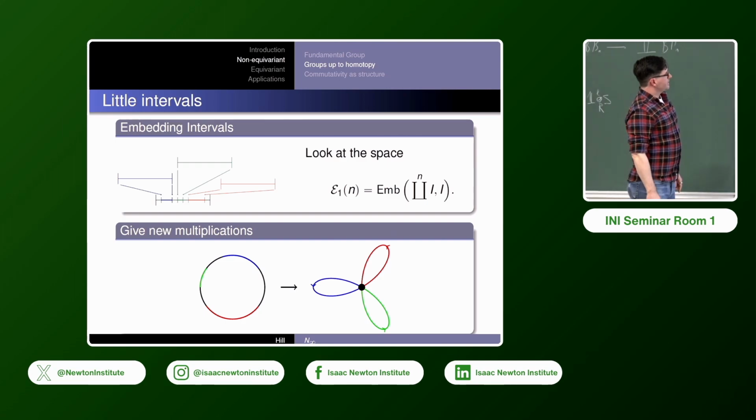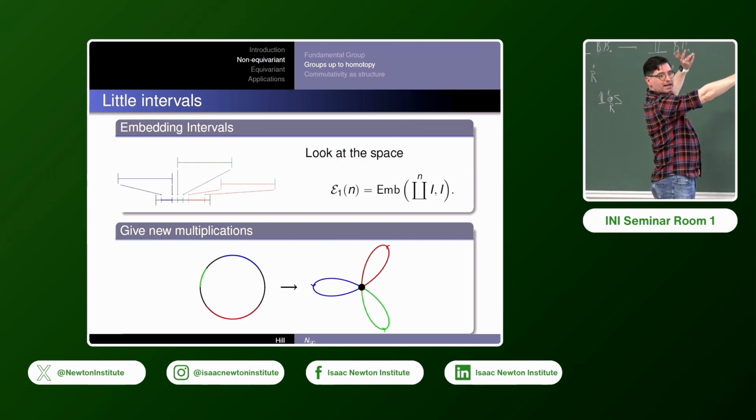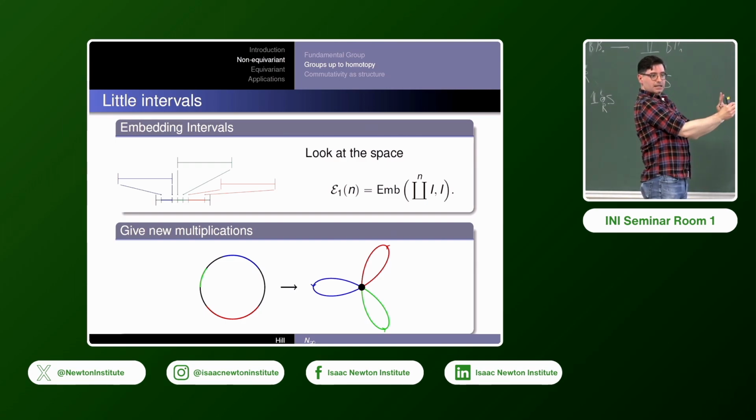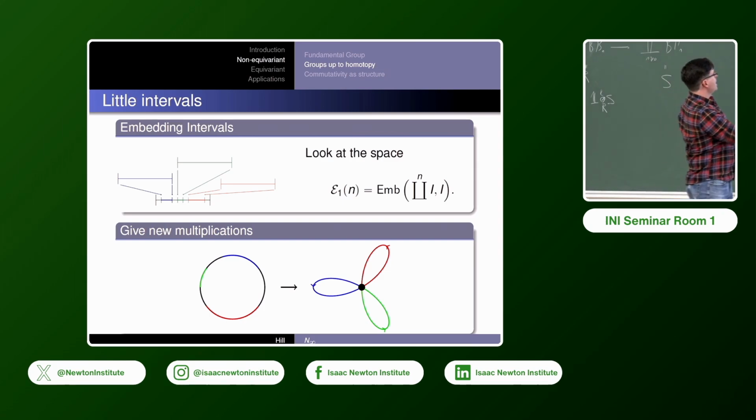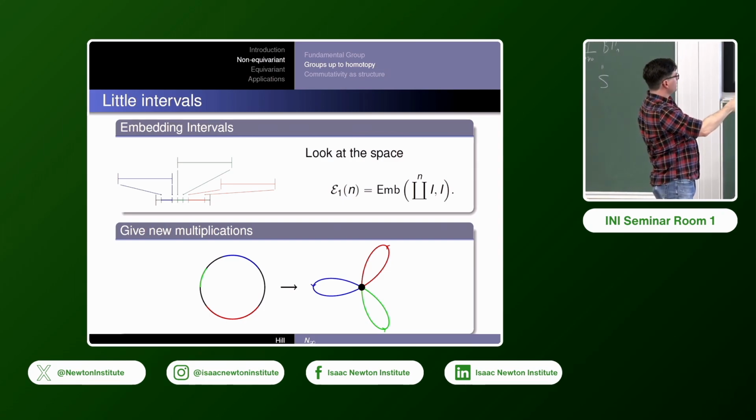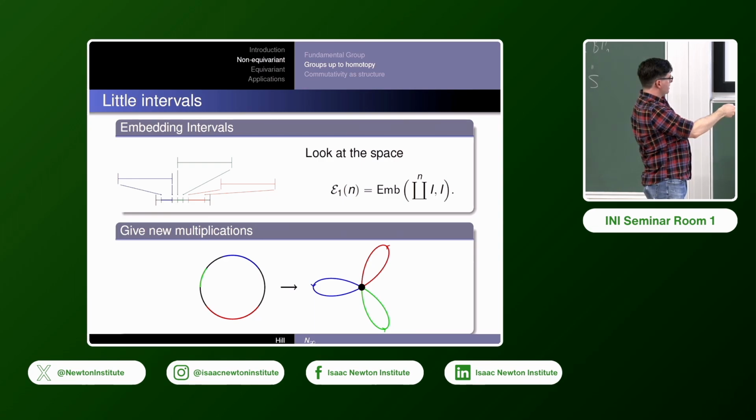And associated to this, if I glue the two endpoints of my ambient interval together, then I've got a circle. And I want to think of these two endpoints as being this point right here. And that's my circle wrapped around. Then I see that the embedded intervals inside it give me a little collection of embedded arcs that I've painted different colors. This one I painted blue, and then one that I painted green, and one that I painted red.